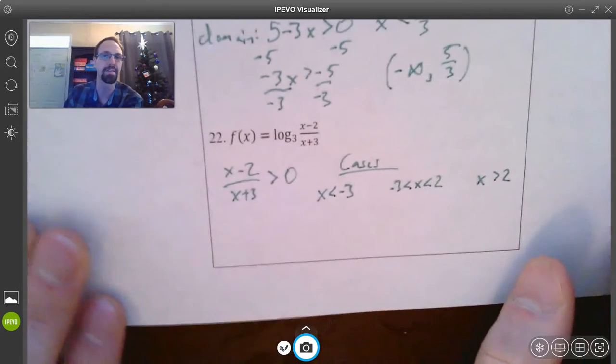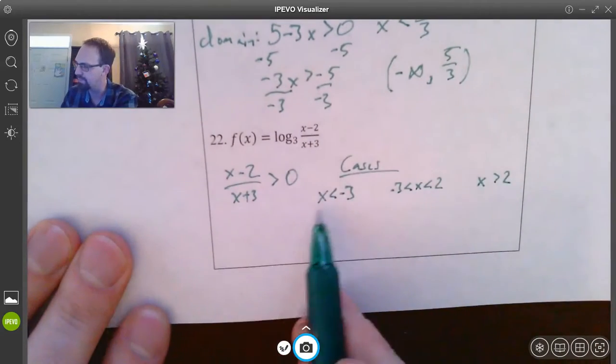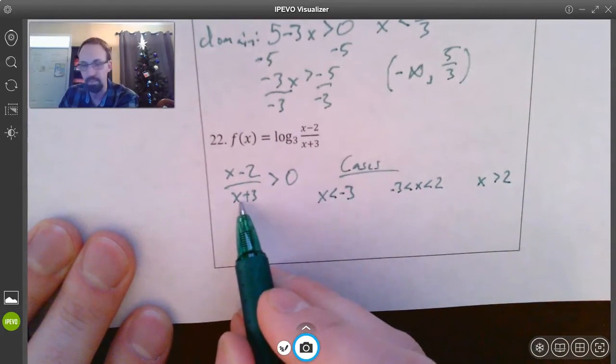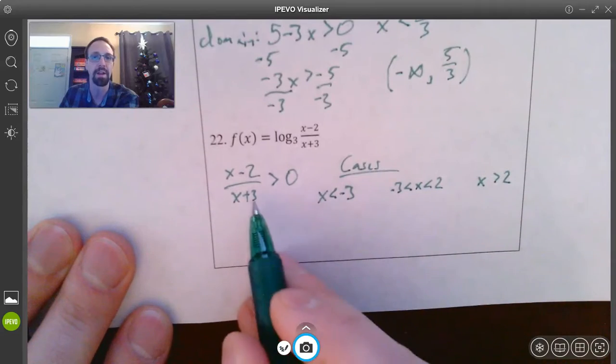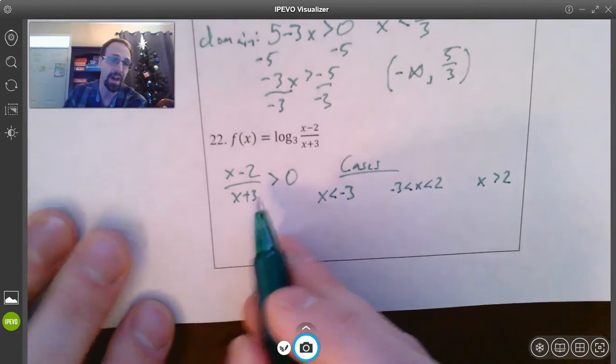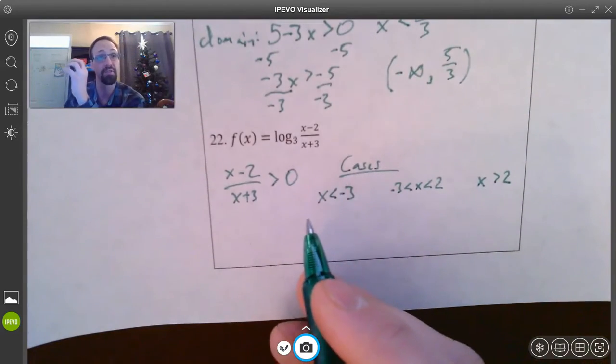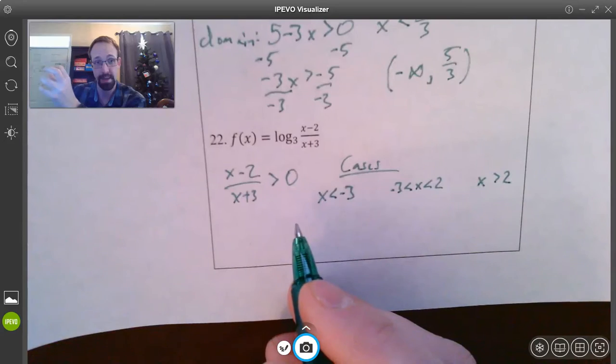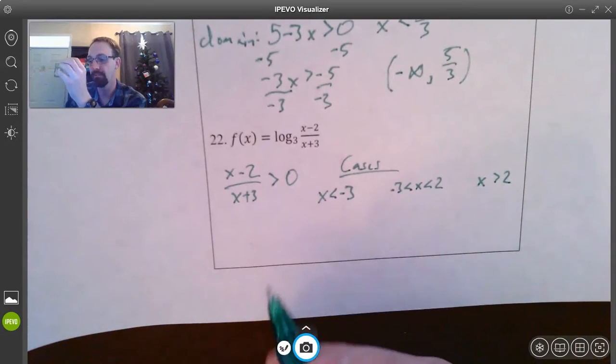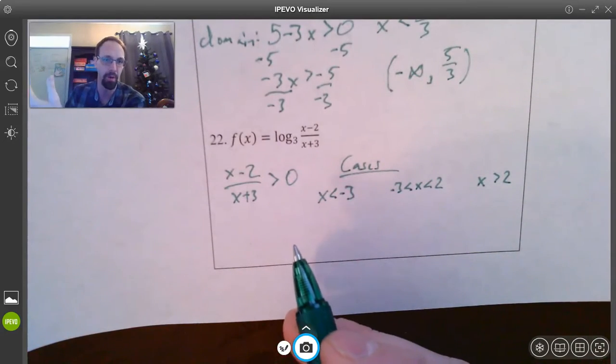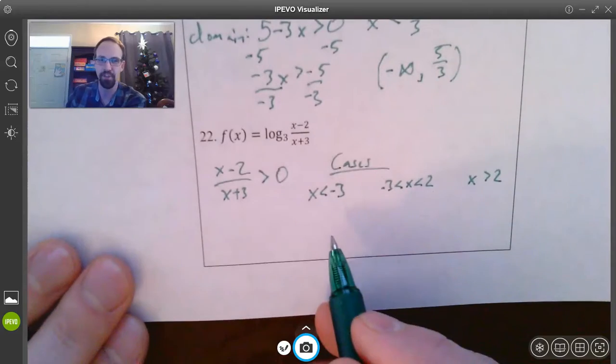So these are the different cases that we have. How did I get those values? I just looked at what was in the numerator and the denominator, and I took the opposite of that. So essentially, I solved each part for where its 0 was, and then used that to help determine what's happening.